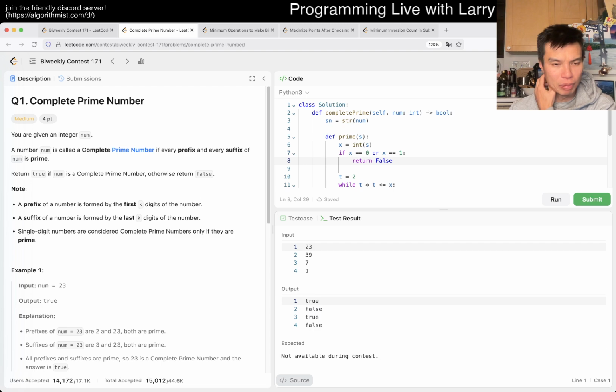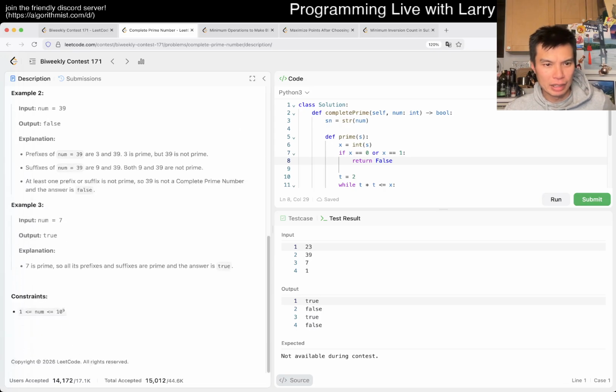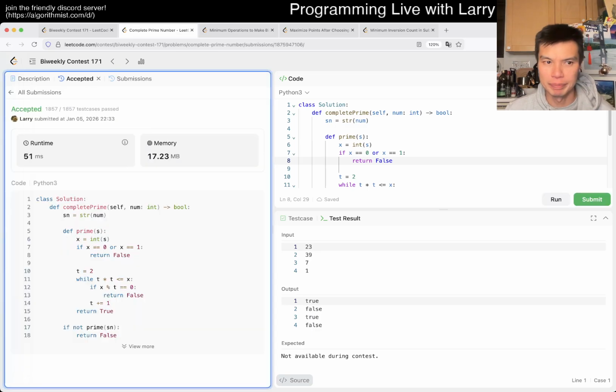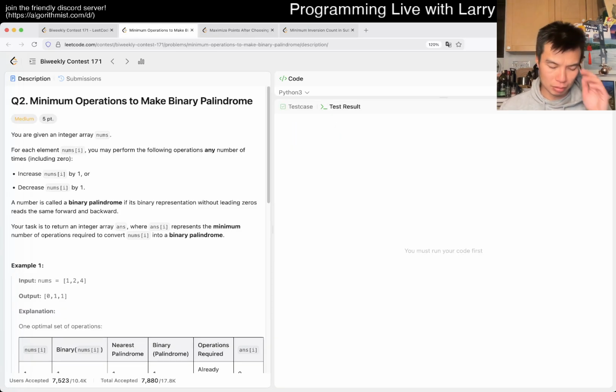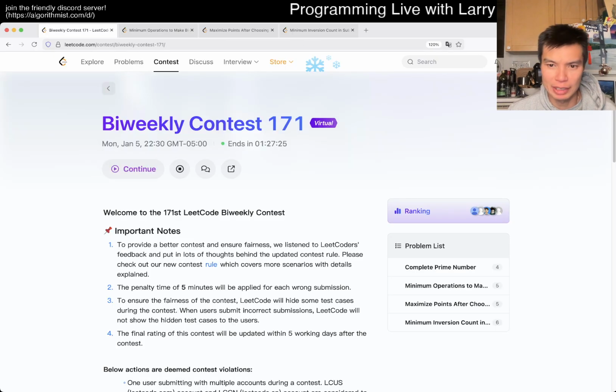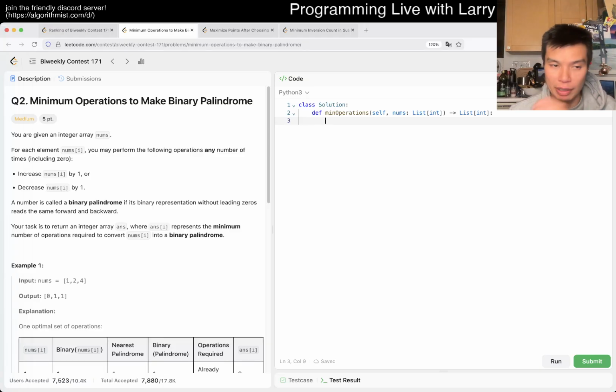Usually they define prime more specifically. Like they usually are more specific with something. But it's worth spending an extra second sometimes because otherwise you get a 5-minute penalty and it's just dumb.